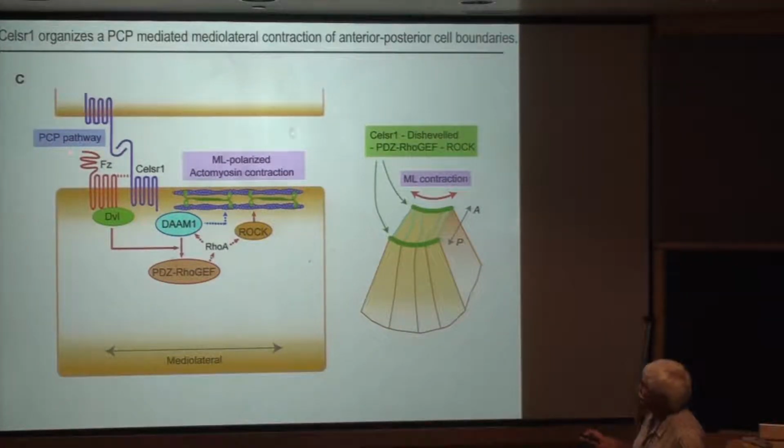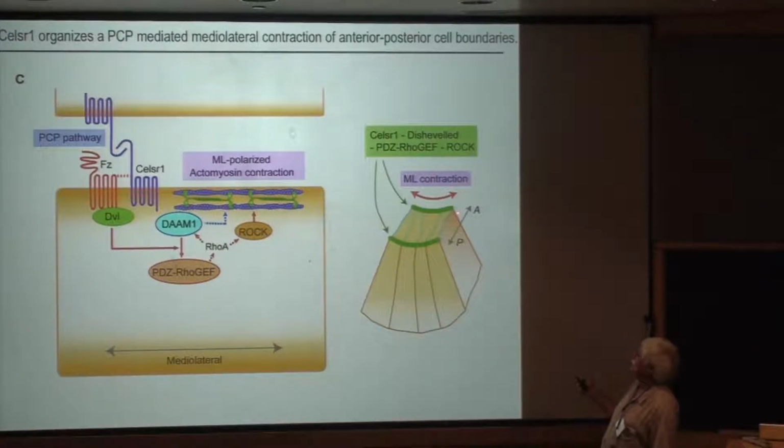And the PCP pathway consists of a Wnt ligand, which isn't in here, Frizzled, a 7-transmembrane protein, and it acts through Disheveled, a cytoplasmic signaling protein, and Daam1 to organize, well, first of all, Flamingo localizes this whole complex to the anterior and posterior sides of the cell, and recruits the Rock enzyme up here to stimulate contraction.